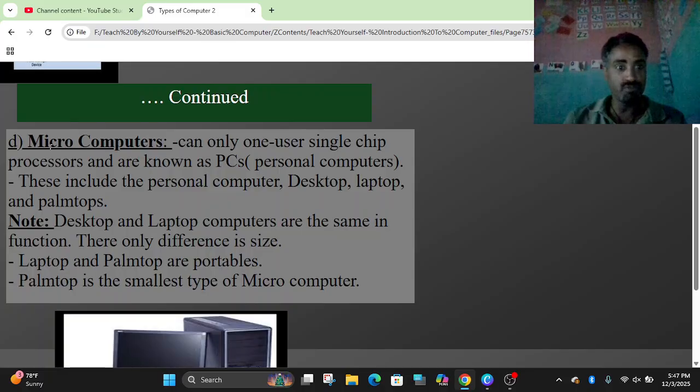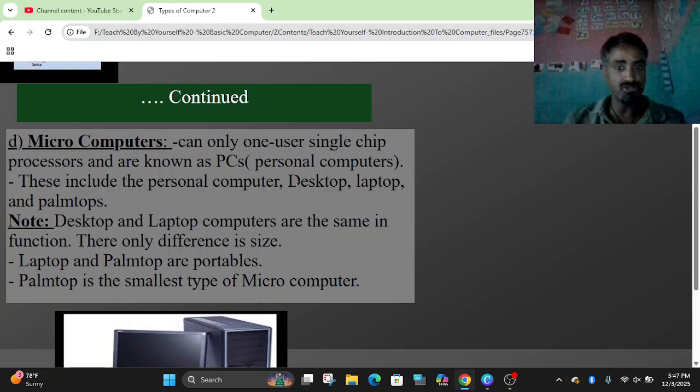The smallest type of computer is the microcomputer. The cheapest type of computer is the microcomputer. Again, the smallest type of microcomputer is the palmtop. Under the category of microcomputer, when you go down from desktop to palmtop, the size decreases and the storage capacity decreases.